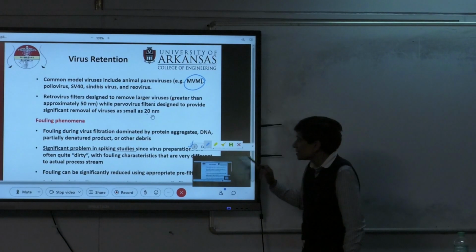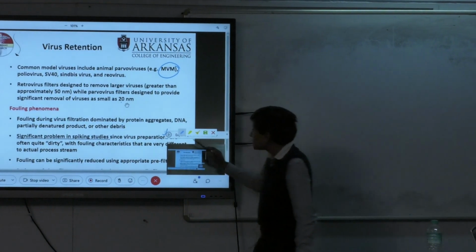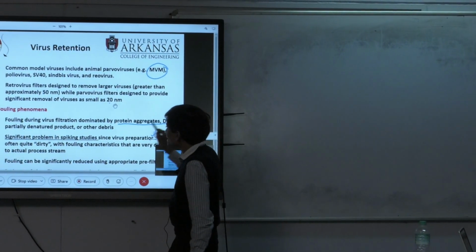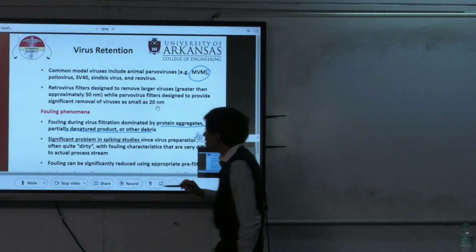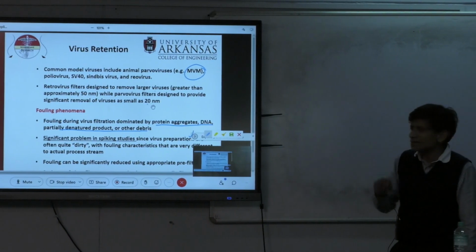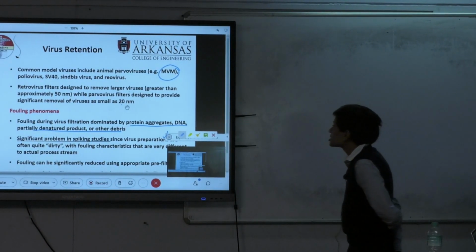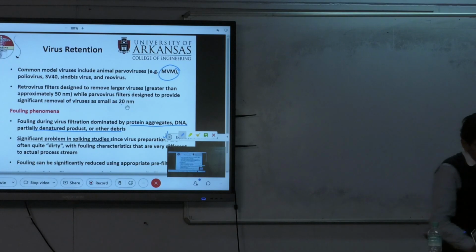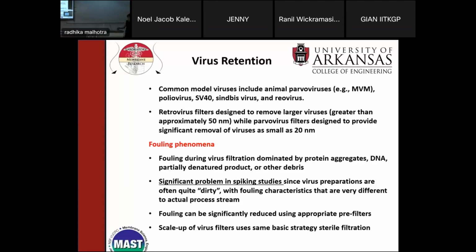Fouling phenomena. So fouling during virus filtration is dominated by protein aggregates, DNA, partial DNA product, or other debris. But these are product-related debris, okay? They are not cells or anything else. It is a significant problem in spiking studies, since in these spiking studies, virus preparations are often quite what I call dirty. In other words, they contain host cell DNA, host cell proteins, other contaminants, which can foul the membrane and lead to very different characteristics. That's why I told you spiking studies are quite difficult, because you've got to have very, very pure virus titer.